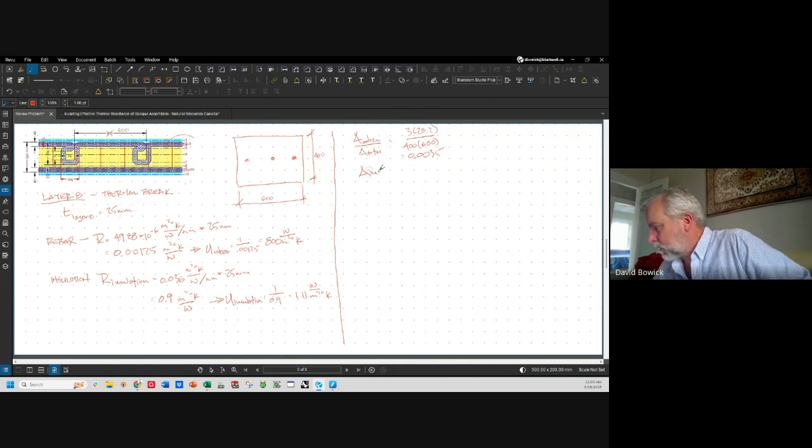A insulation over A total is 400 times 600 minus 3 times 28.3 all over 400 times 600.